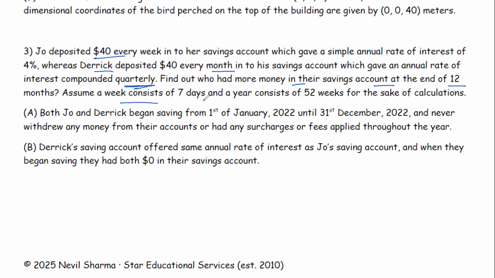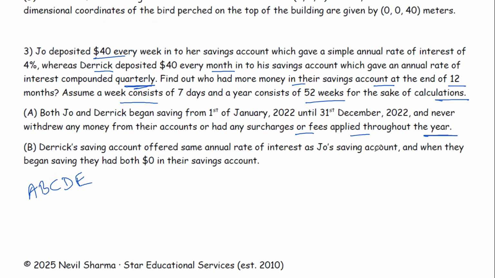Assume a week consists of 7 days and a year consists of 52 weeks for the sake of calculations. All right, so who had more money at the end of 12 months? Now, both Joe and Derek began savings from 1st January till 31st December of 22 and never withdrew any money from their accounts or had any surcharges or fees applied throughout the year.